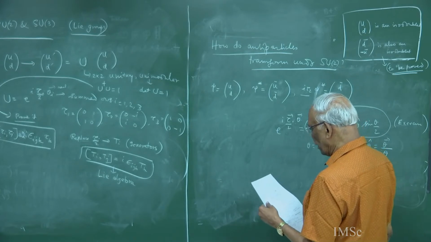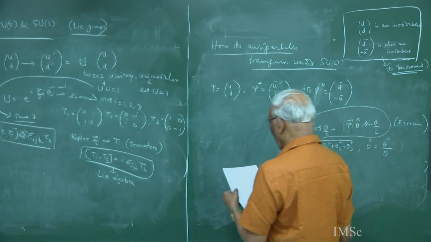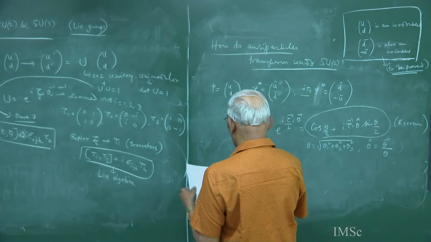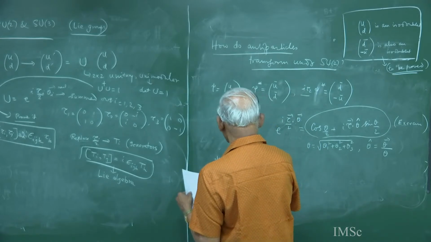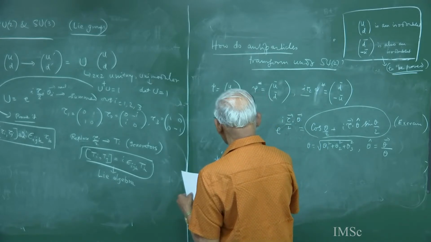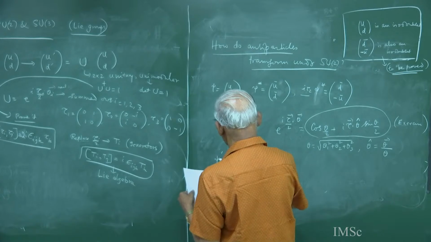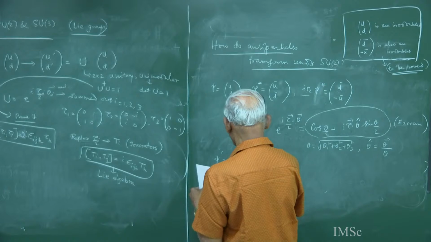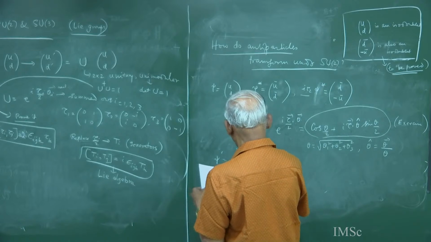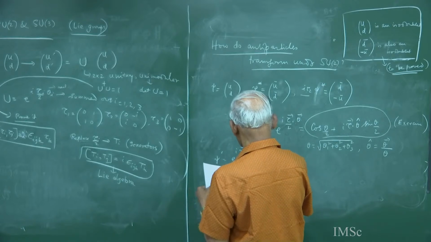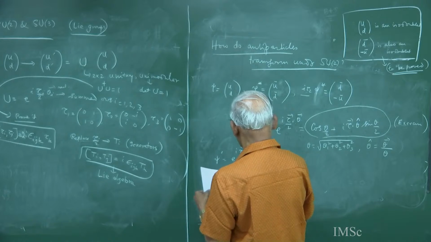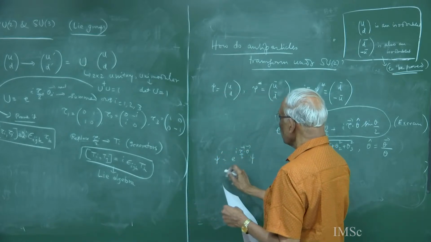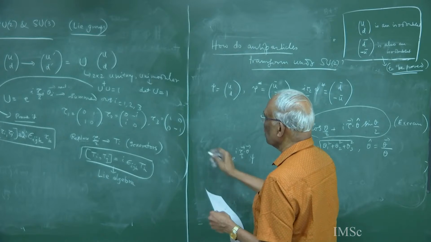and using that, we know that psi transforms as a doublet under SU2, which means psi prime is this. Psi transforms like this under SU2. That is what I have written there.